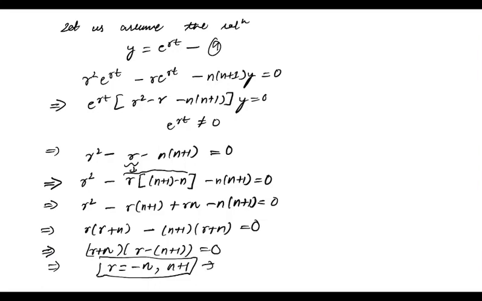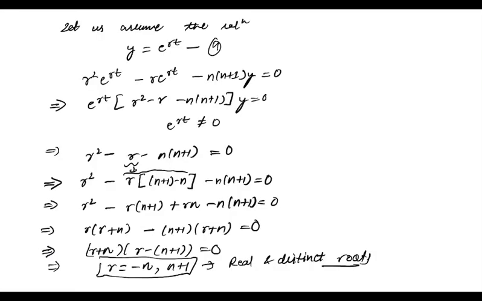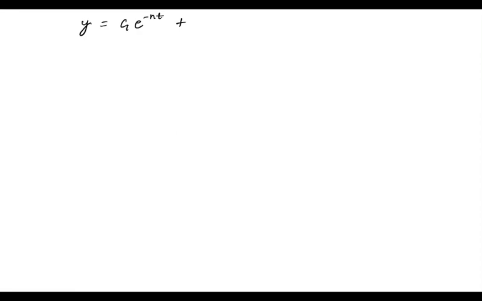So we have got real and distinct roots. So the solution will become y is equal to c1 exponential minus nt. First root is minus n, second root is n plus 1, plus c2 exponential n plus 1 t.